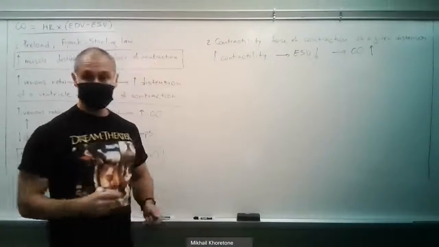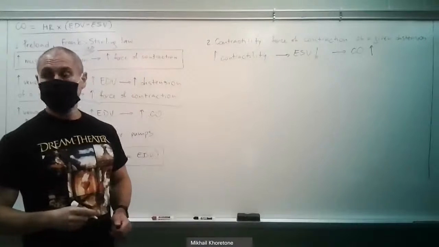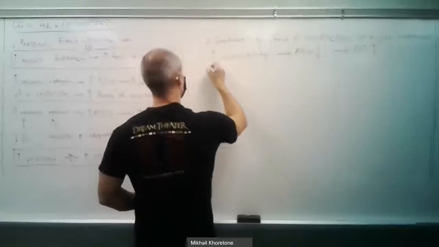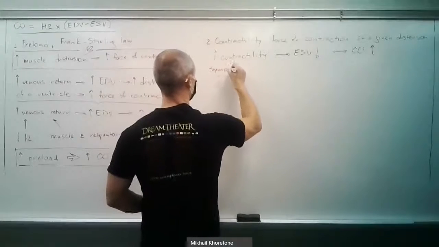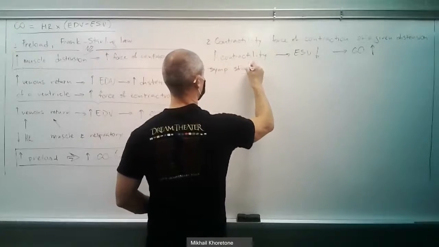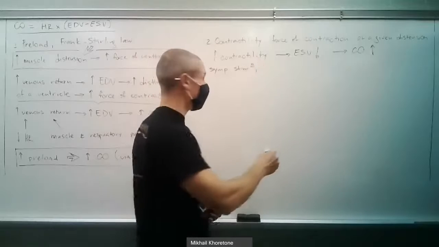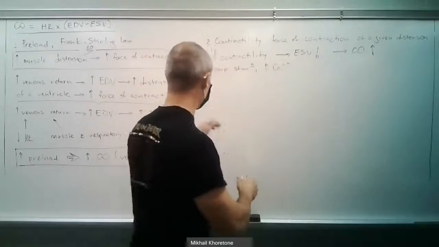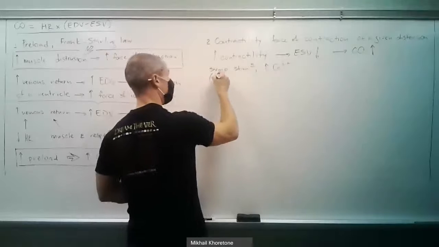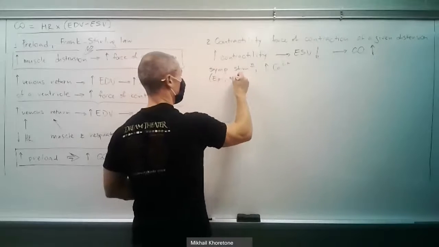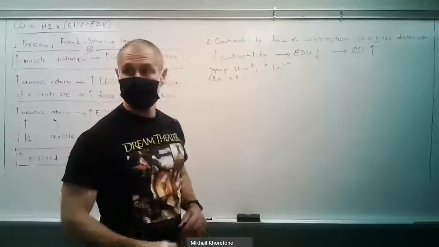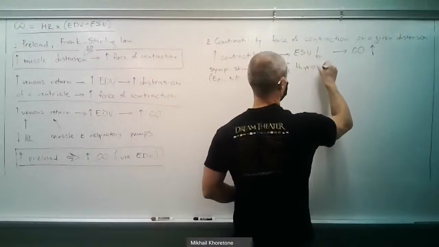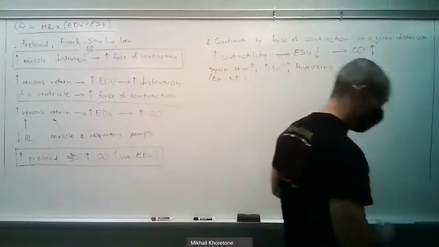Okay, now, what increases contractility? Sympathetic stimulation. Okay, elevated calcium. And I'm going to expand on the sympathetic stimulation. It's epinephrine, norepinephrine. Okay, elevated calcium, thyroid hormone.